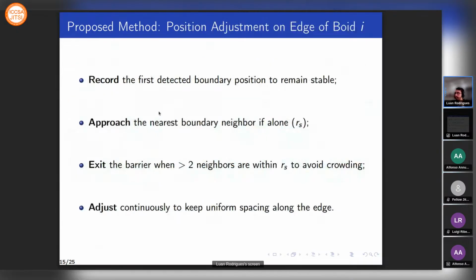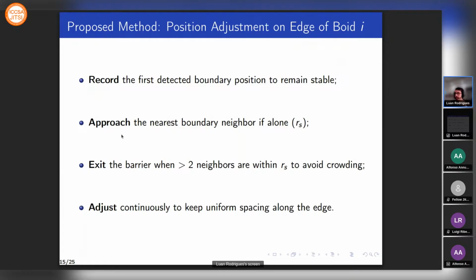So the voids need to keep the barrier stable during the execution of the algorithm. There are some ways to make them do this. First of all, record the first position where they detect the pollutant.